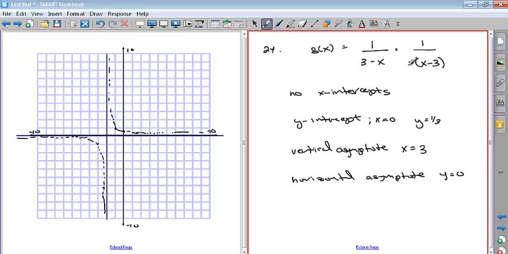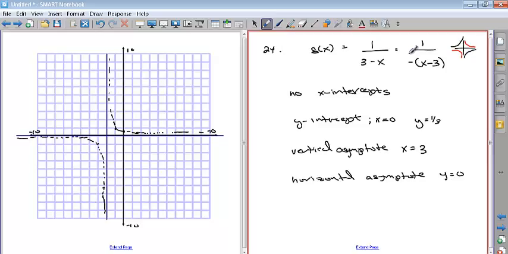And the negative outside means that it is going to be reflected across the x-axis. So then instead of the initial function, the parent function looks like this. So what's going to happen is this thing is going to get flipped around like that.